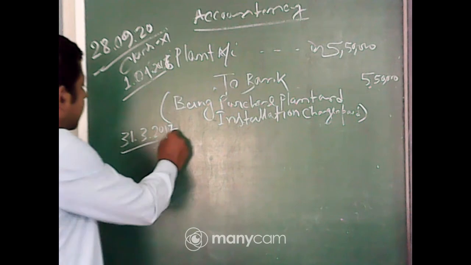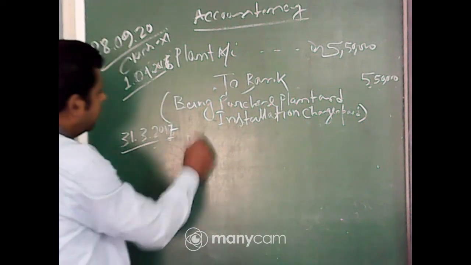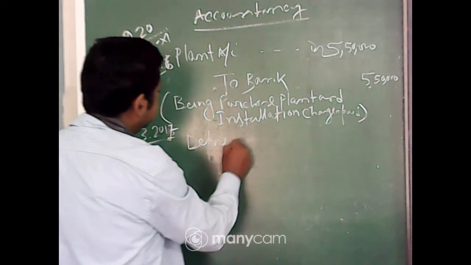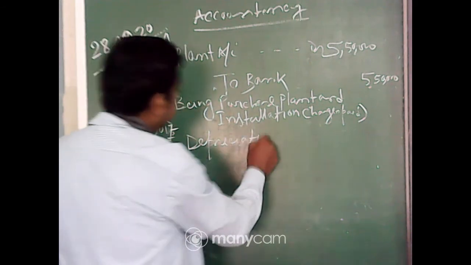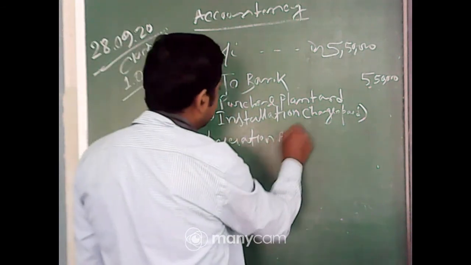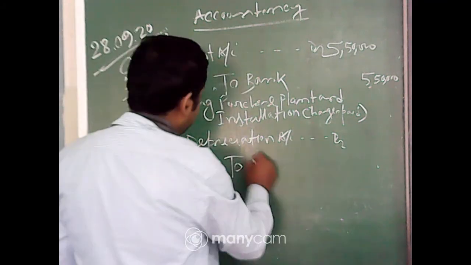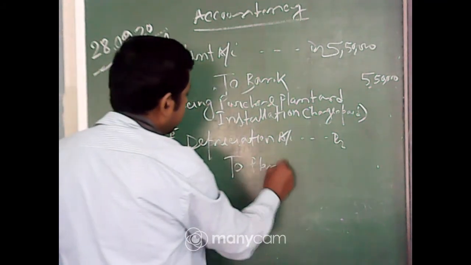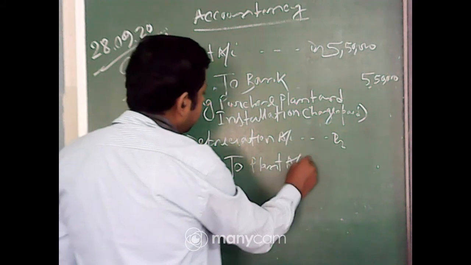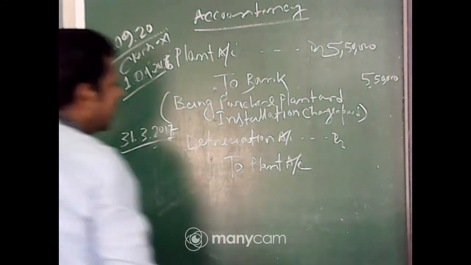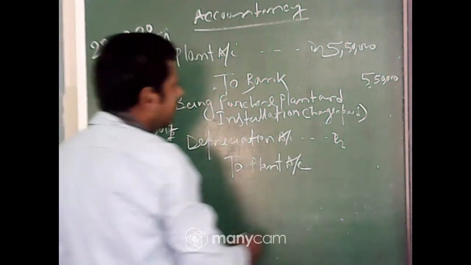So what is the entry of depreciation? Depreciation account debit to plant account, because we are reducing the balance of the asset.